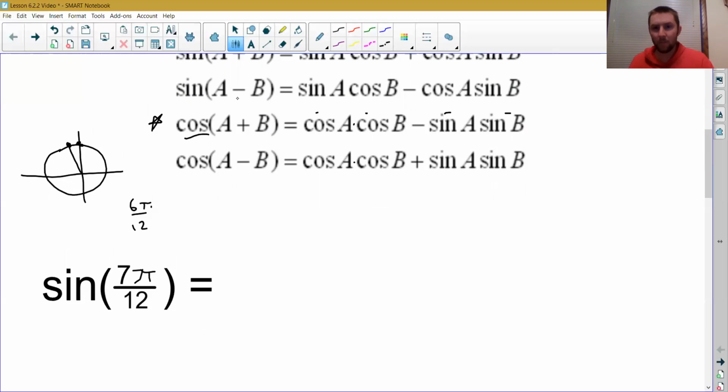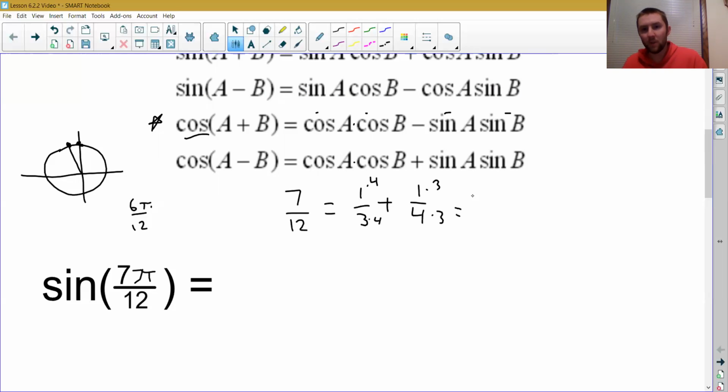Now, for example, 7 pi over 12, I need to try to convince you that 7 pi over 12 is equal to 1/3 plus 1/4. Okay, so if I were to add these two fractions together, their common denominator would be 4 times 3, which is 12, right?